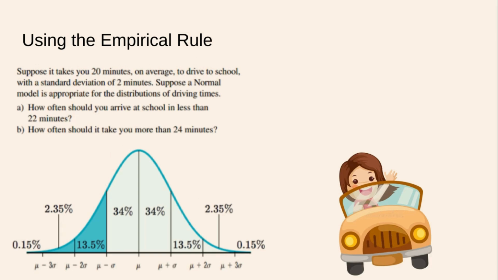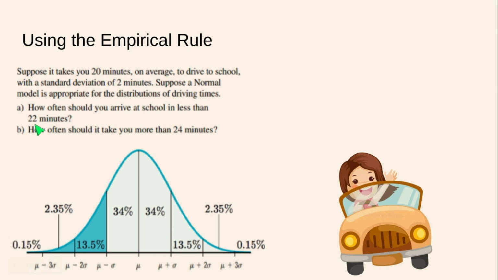Here's another problem broken up into 2 parts. Suppose it takes you, yes you, 20 minutes on average to drive to school, with a standard deviation of a mere 2 minutes. Suppose a normal model is appropriate for the distributions of driving times, okay? Well, I'm glad we can assume a normal model because I have no idea how we do this problem without one.